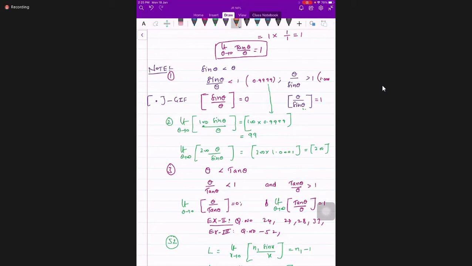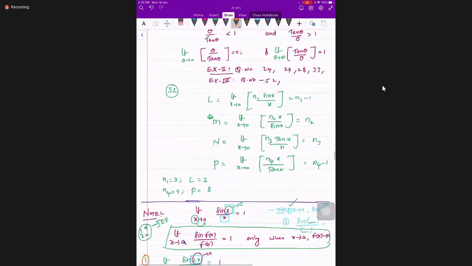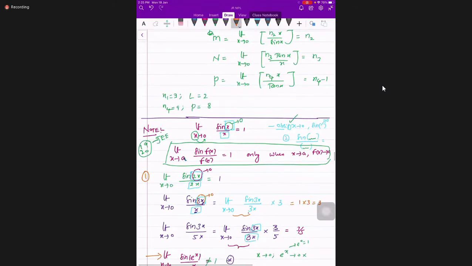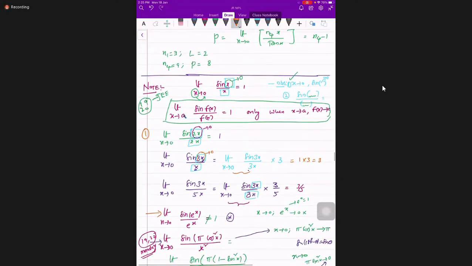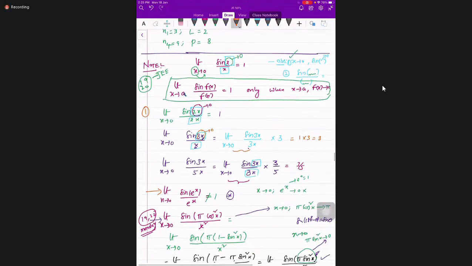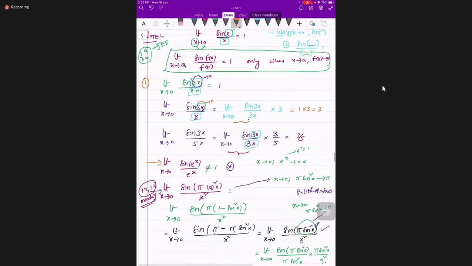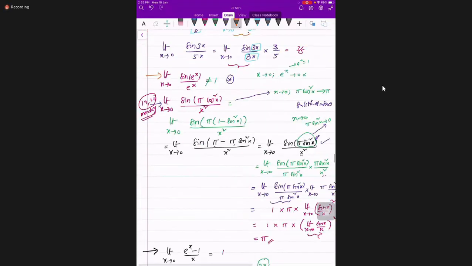From there again we got questions at JEE Advanced level, multiple questions to do this. Even in the last exam you got this question, the same sin of pi cos square x by x square.